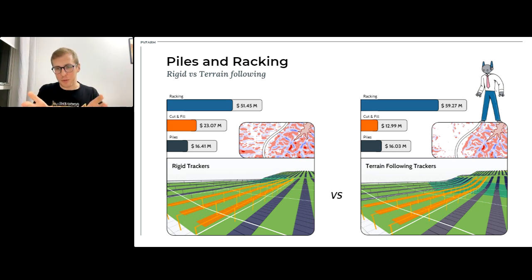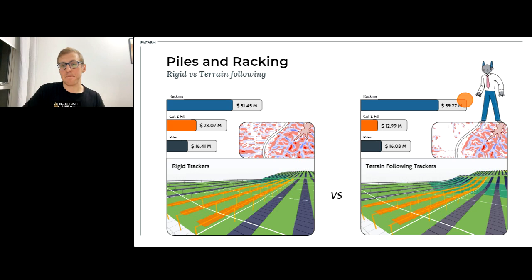And that's why we provide examples here, because examples show us that in this particular case, you can see that cut and fill savings are huge, right? Like 10, 11 million, amazing, right? But when you start analyzing the holistic picture, you can see that the actual savings go down to 1.5 million, because the racking is more expensive here.